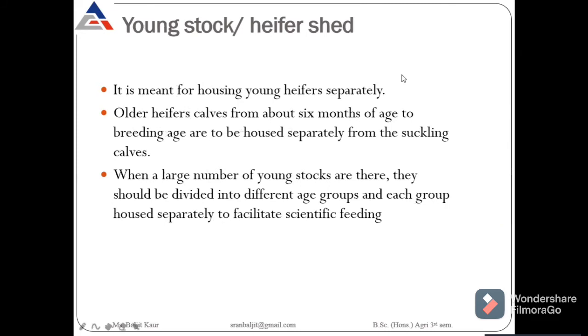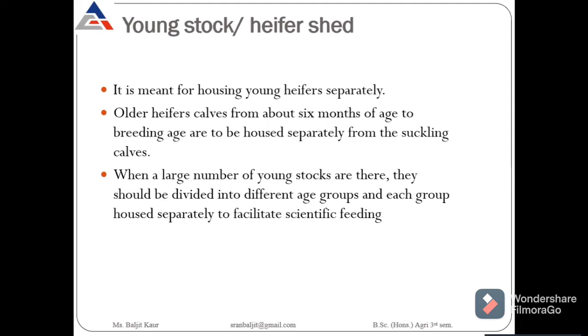Then young stock or heifer shed. Heifers are female animals which are more than 6 months old and are coming to their breeding age, right? So there should be a separate shed for the heifers or young stock females. This is meant for housing younger heifers separately.